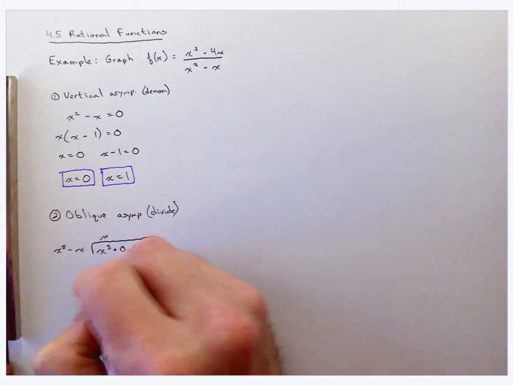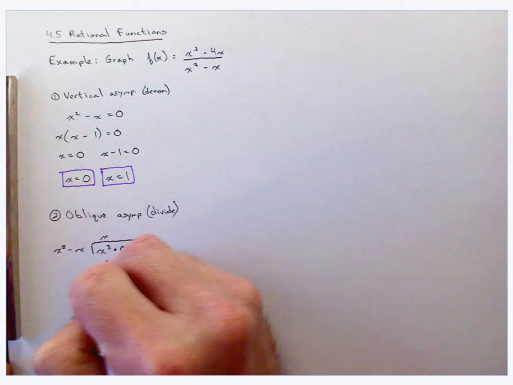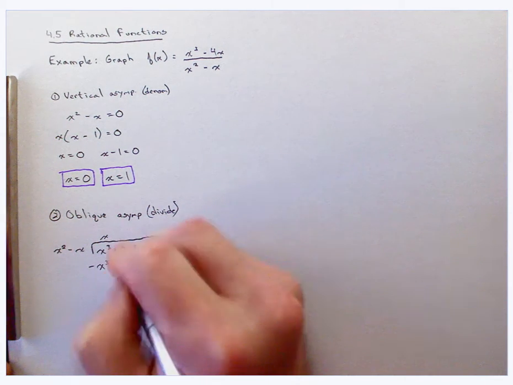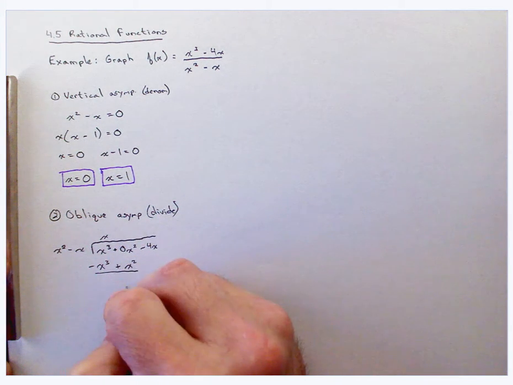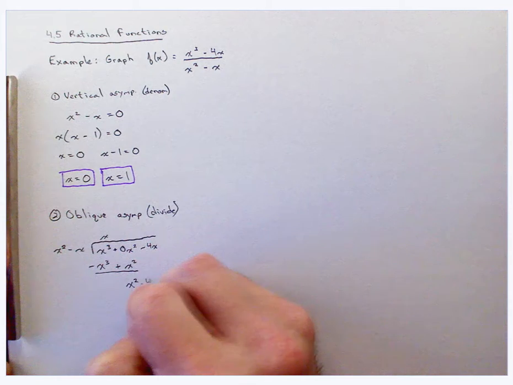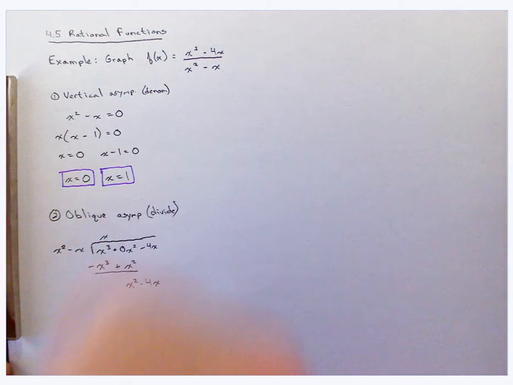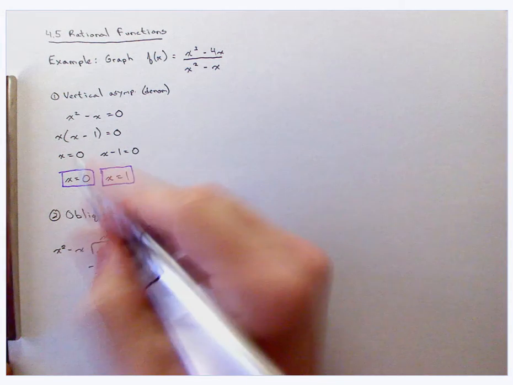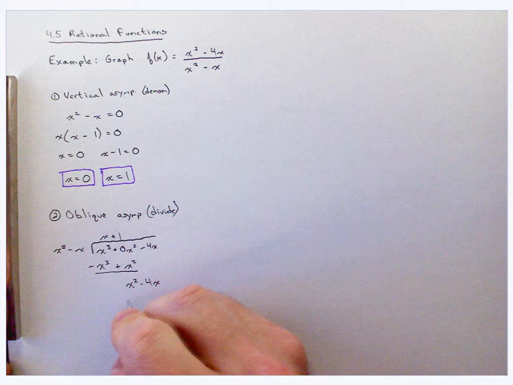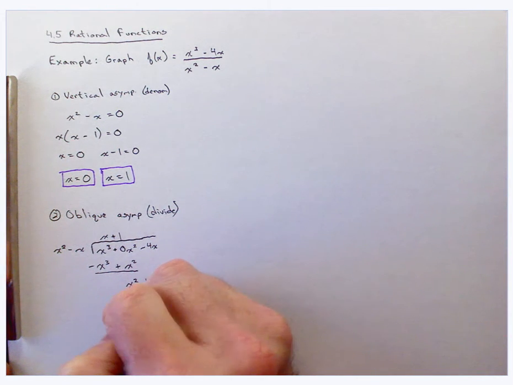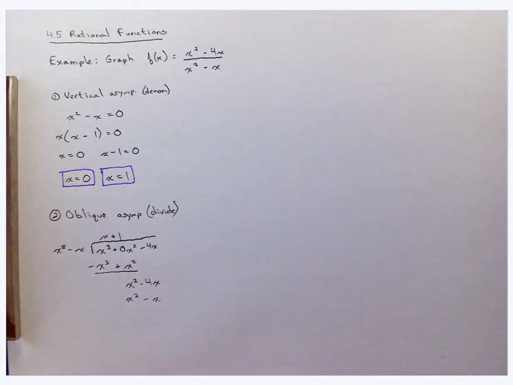Alright, go in there x and x cubed minus x squared, so subtract everything, meaning flip the signs. And I'm left with x squared minus 4x. So plus 1 gives me x squared minus x.